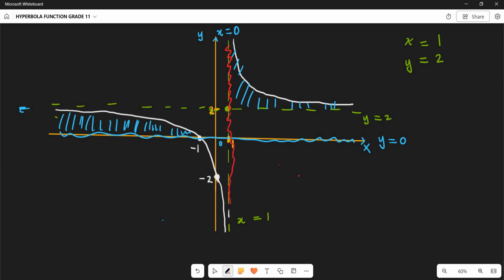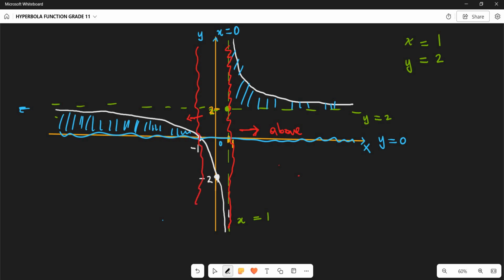So this asymptote here, anything going that direction, our graph is above. You can see that this graph is appearing above. And going in that direction, our graph is above.